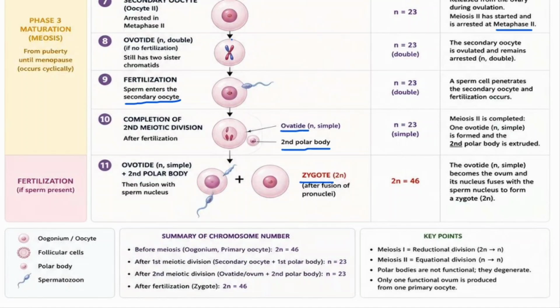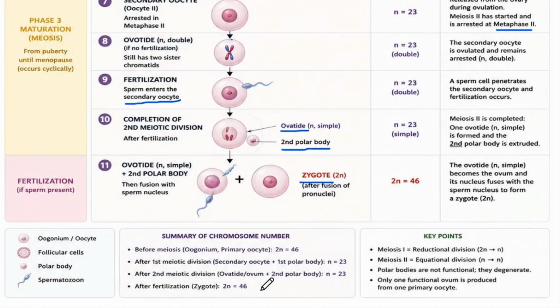So, in conclusion, ovogenesis begins with an ogonium containing 46 chromosomes, through mitosis, growth, and two meiotic divisions. Only one functional ovum is produced.